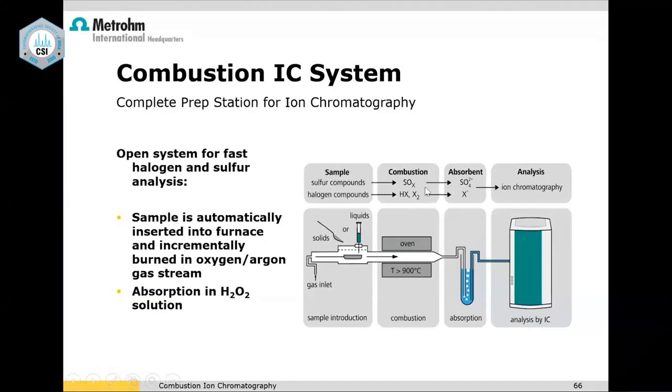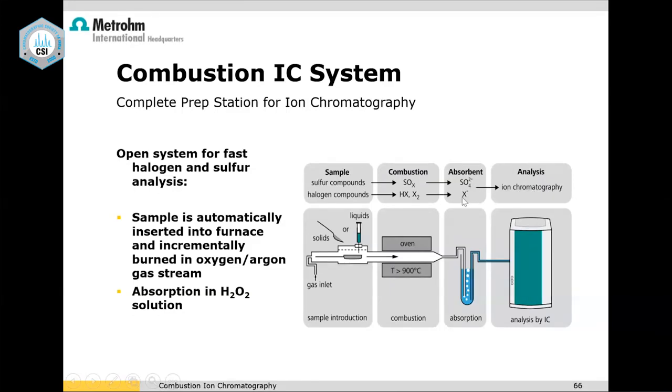Now, this will be carried by a carrier gas, which is argon, normally inert. That is bubbled through an absorption solution consisting of ultra pure water with 100 ppm of hydrogen peroxide. This hydrogen peroxide, which is an oxidizing agent, will convert all forms of sulfur to sulfates, which is normally determined by ion chromatography.